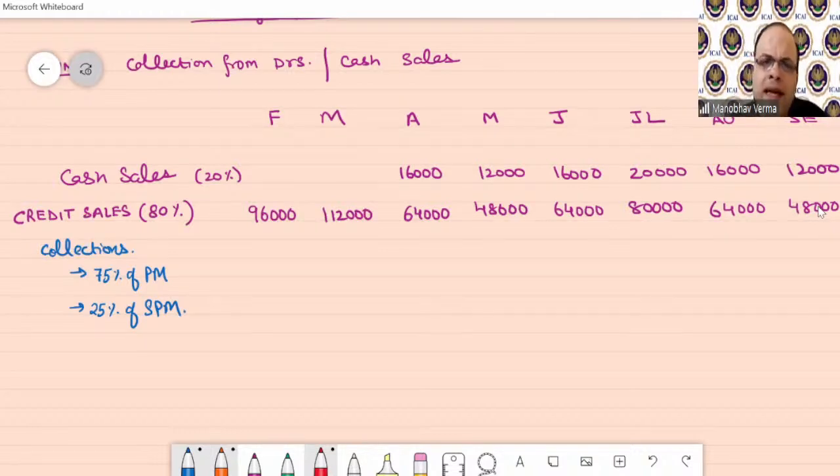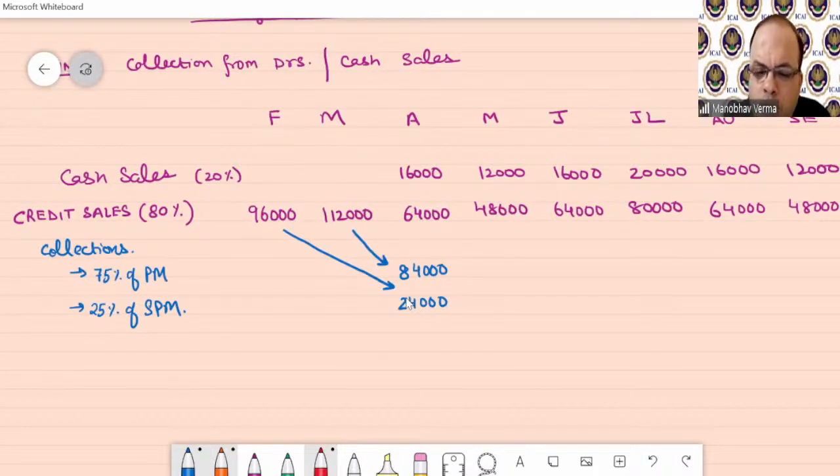So in April, we're talking about 75% of 112. So what is that? We're looking at 75% of this amount, which means 84,000 collections, and 25% of this amount, which seems to be 24,000. Everyone with me on this, guys? I hope this is clear to all of you.